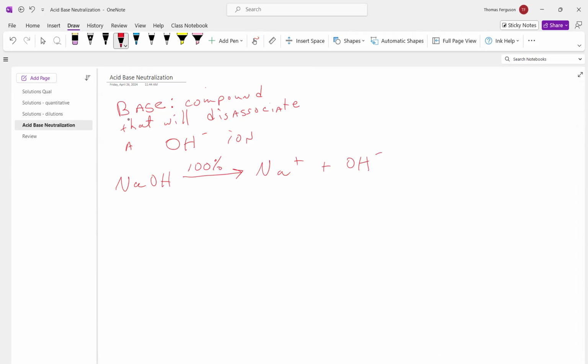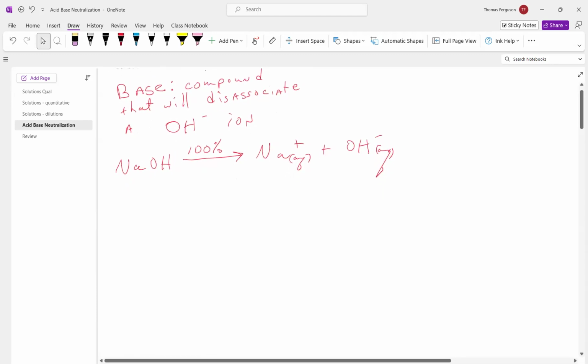So this is going to be aqueous, totally dissolved. And that's called a strong base, so 100% ionizes.